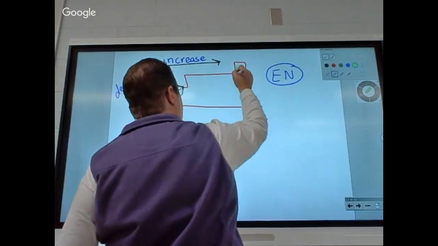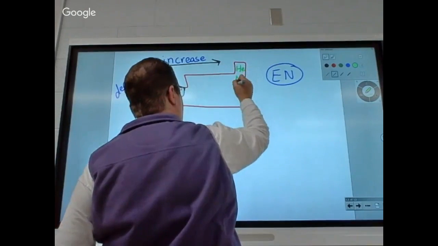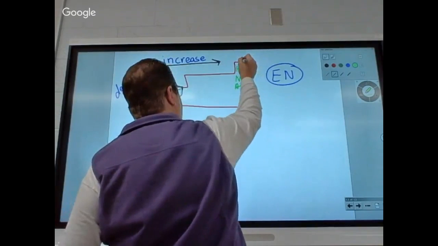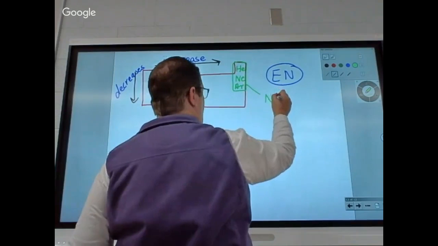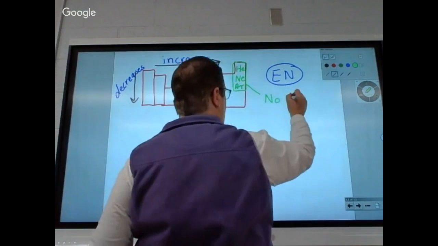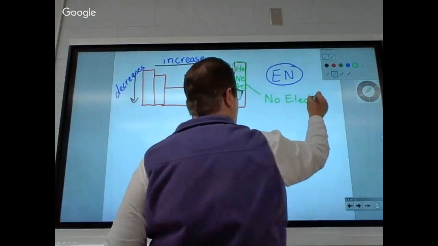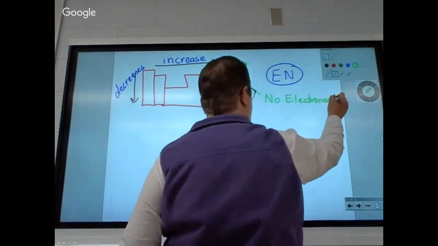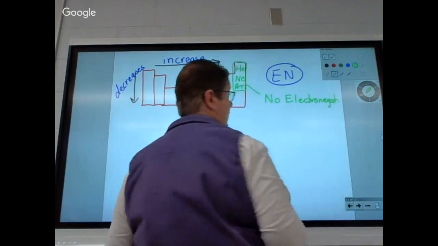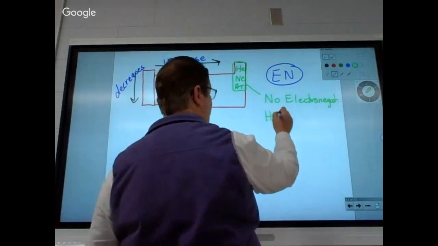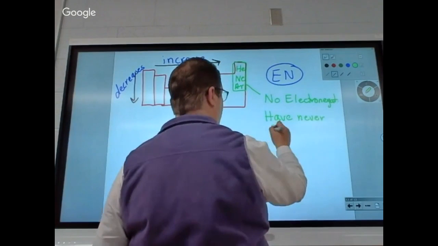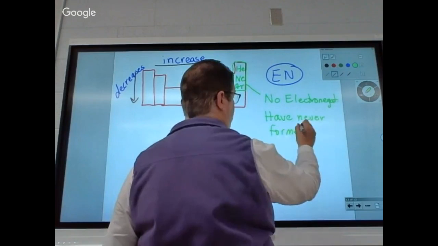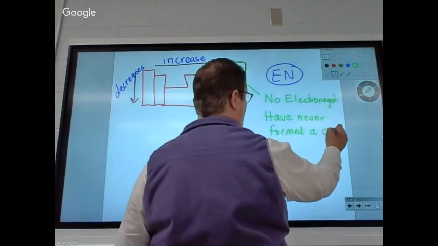Helium, neon, and argon. These 3 have no electronegativities. Okay? They have never formed a compound.